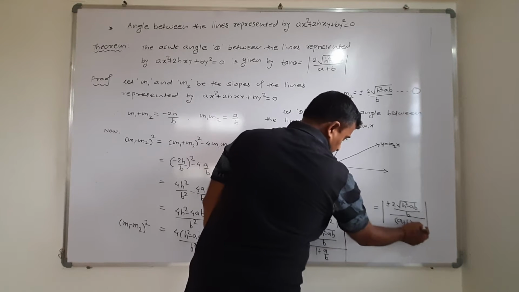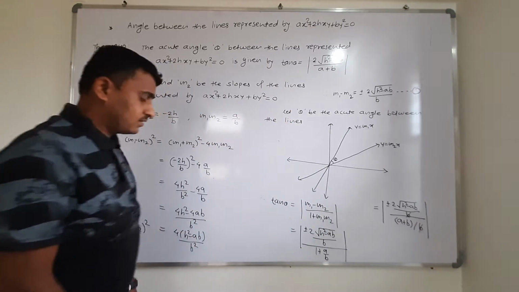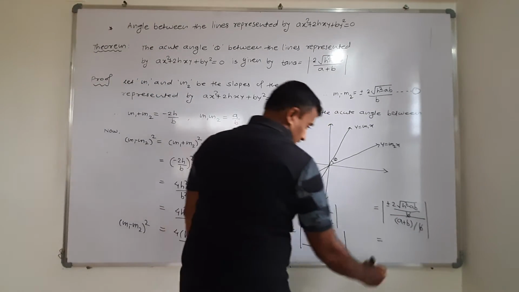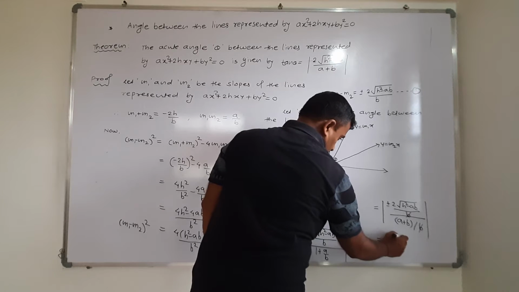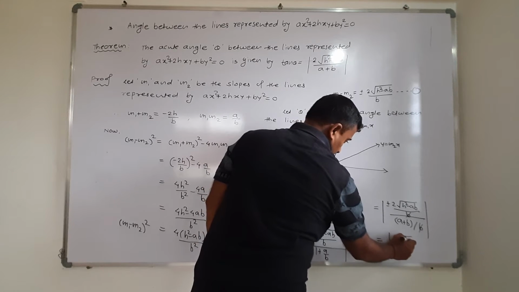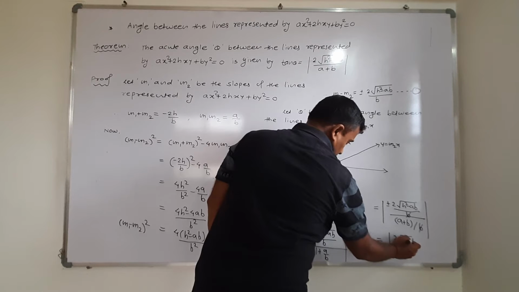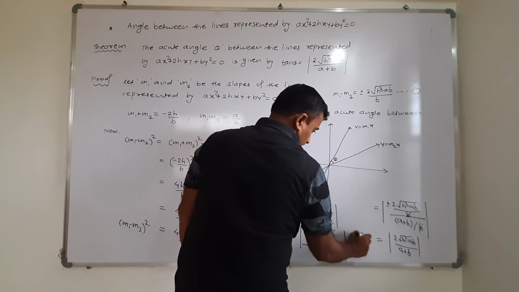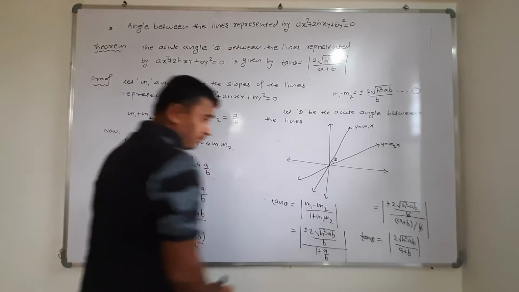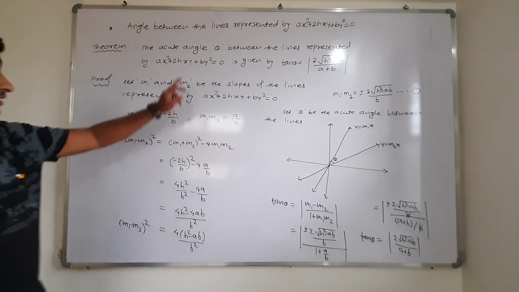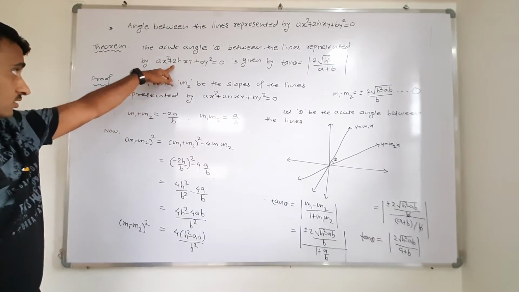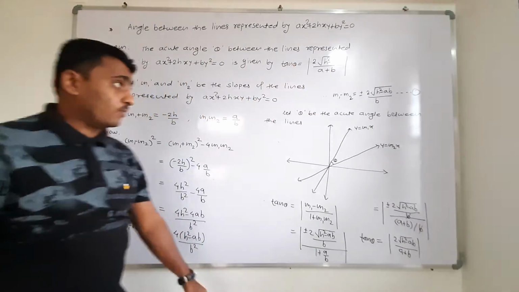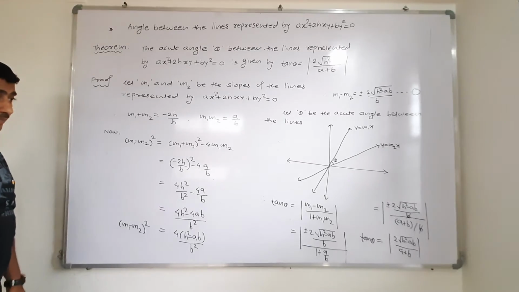Now b cancels, therefore plus minus, I write only plus, 2 times square root h square minus ab upon a plus b. This is tan theta, that is the angle between lines represented by this homogeneous second degree equation. Tan theta is equal to 2 times square root h square minus ab upon a plus b.